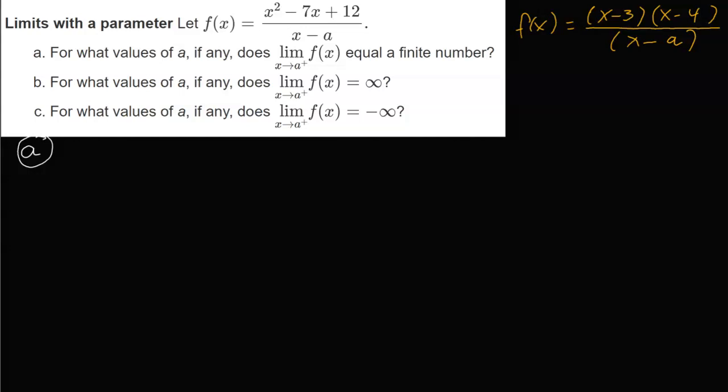When you are approaching a from the right, x is just a little bit bigger than a. So x minus a is going to be a positive small number, right?